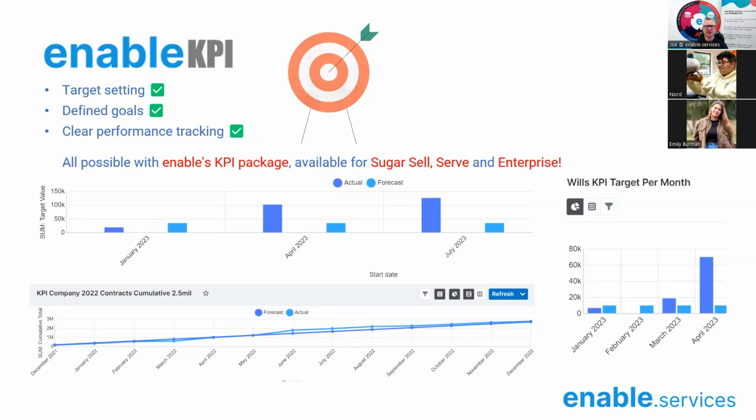But what it enables you to do is put in real actuals and forecasts. So if I wanted to define a goal of how many calls a person or a group had to make per day, per month or per quarter, or maybe revenue generation, how much sales pipeline we had to do per month or per quarter, we can set those KPIs and targets up, and it looks at the Sugar data and automatically displays, either cumulatively or in a grouped report, what the actuals are and what you are asking them to close.